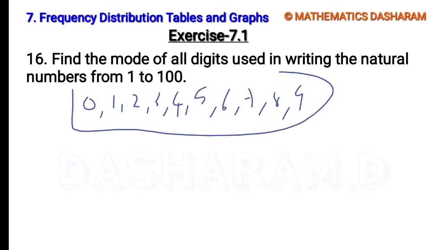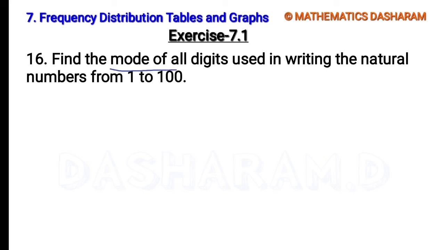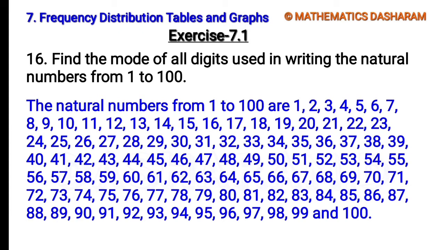These are called digits. So the natural numbers from 1 to 100 start from 1 and end with 100. So 1, 2, 3, 4, 5, 6, 7, 8, 9, dash up to 100. These are the natural numbers from 1 to 100.